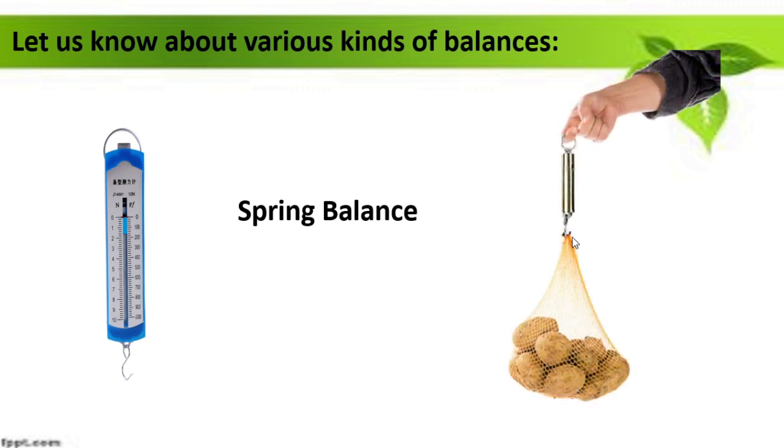Here one hook is there. We hang the object, whatever we want to weigh, here to the hook and we get the readings here. It tells us the proper weight of this object. Okay, this is called spring balance.